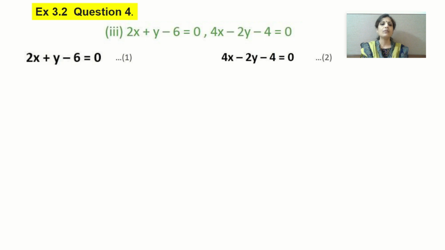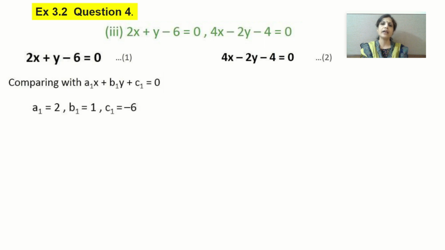For that we will compare the first equation with its standard form and find the values of a1, b1 and c1. So a1 is equal to 2, b1 is equal to 1 and c1 is equal to minus 6.